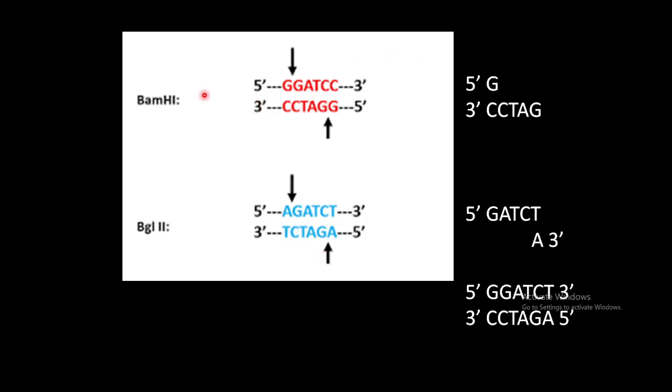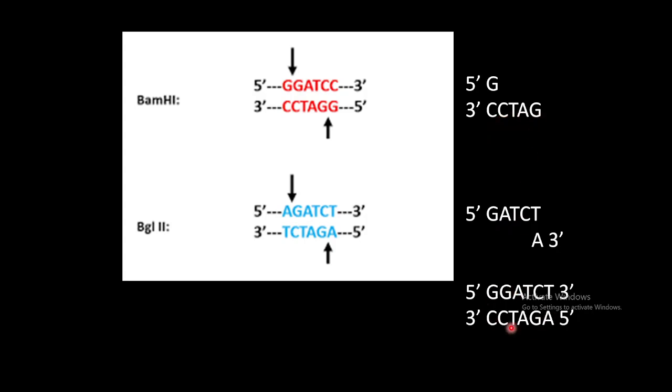And similarly, the other restriction enzymes which you can use are BamHI and BglII. So here you can see BamHI is producing this particular sequence, and this is producing GATCT, and because they have complementary sequences, you can see GATC is complementary to CTAG.